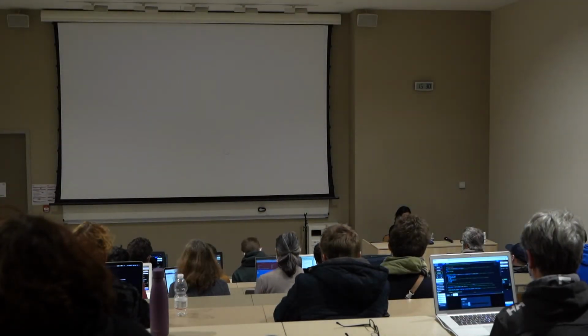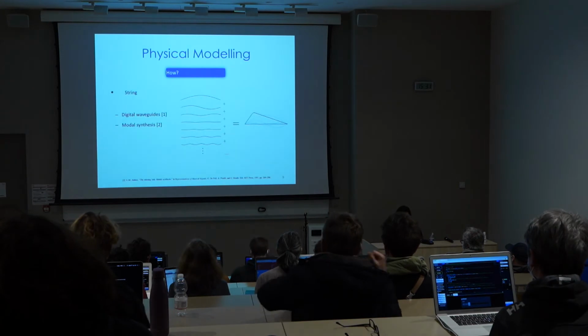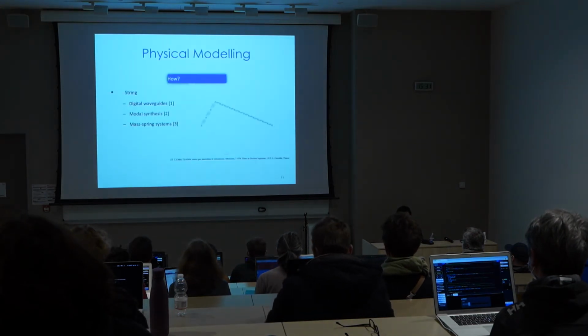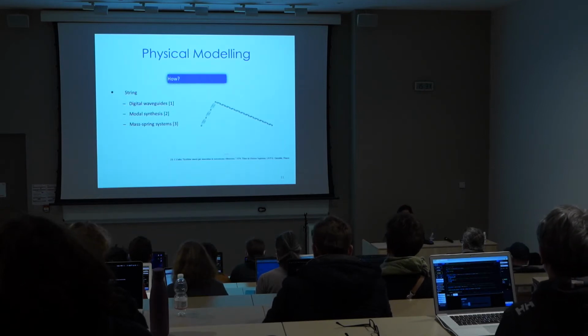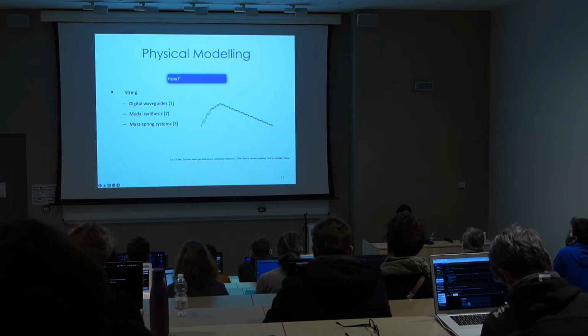Then we can look into the next technique, which is called mass spring models. So the mass spring model is kind of similar to modal synthesis. So this is how the string would vibrate with mass springs.